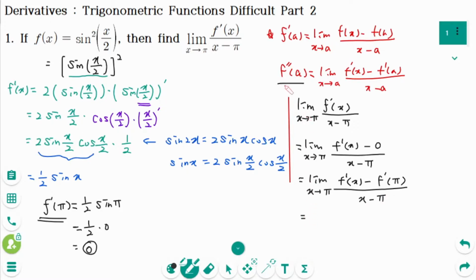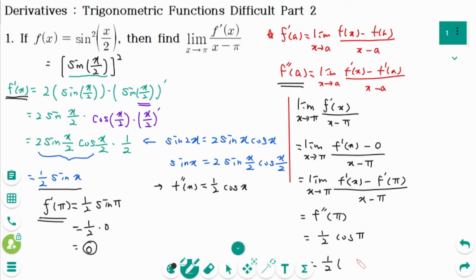Use this one: f second prime of pi. f prime of x equals 1 over 2 sine x, then f second prime of x equals 1 over 2 cosine x, then f second prime of pi equals 1 over 2 times cosine pi, which is minus 1. The final answer is minus 1 over 2.